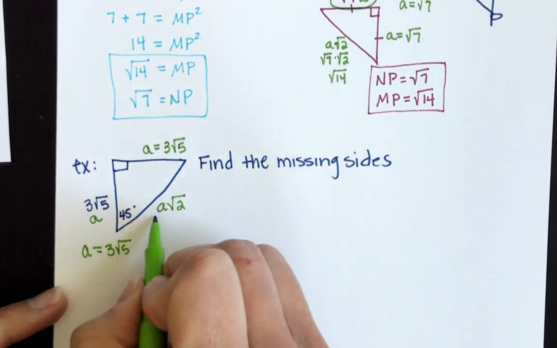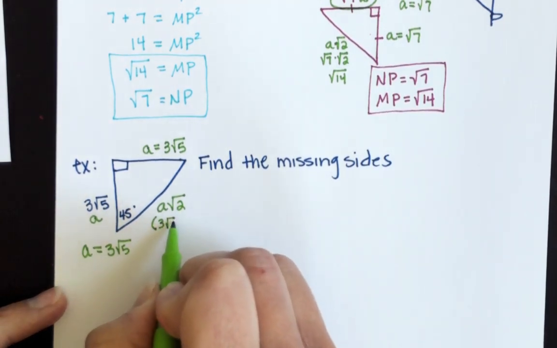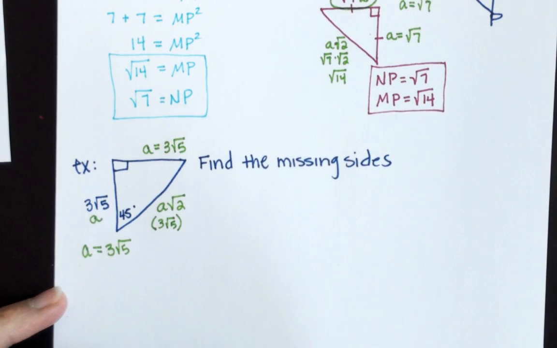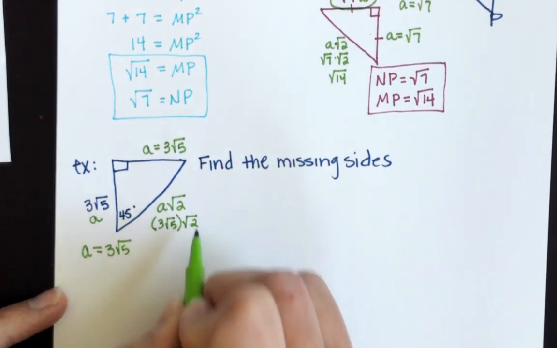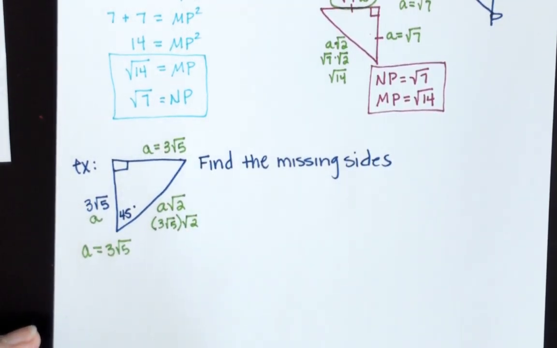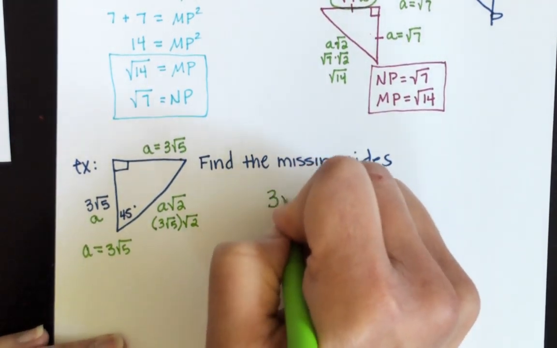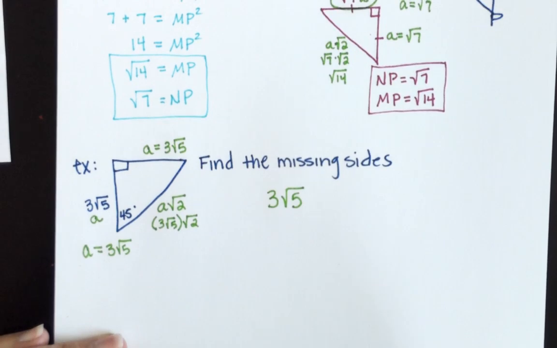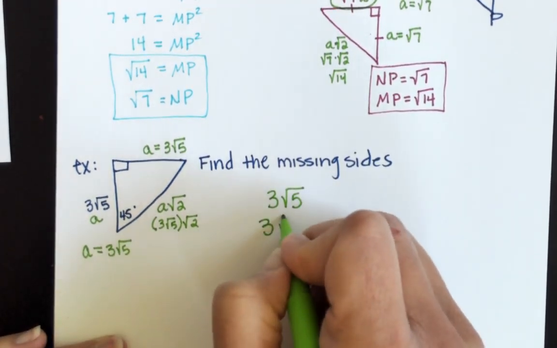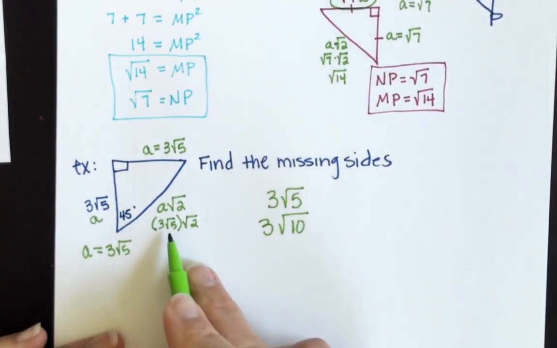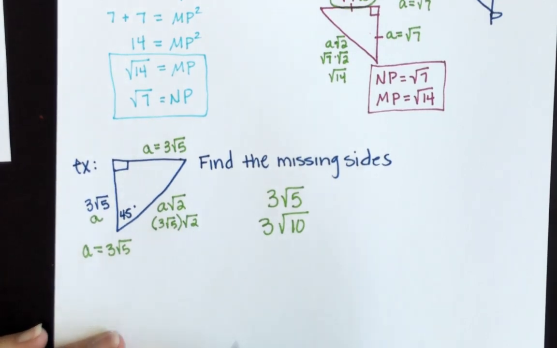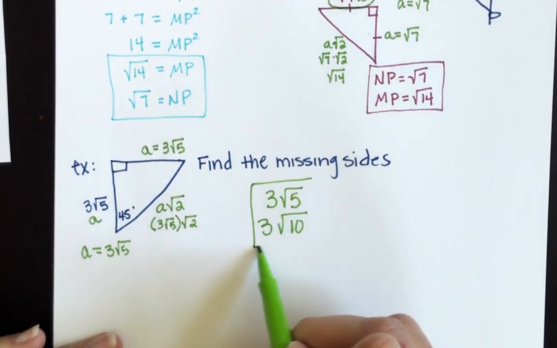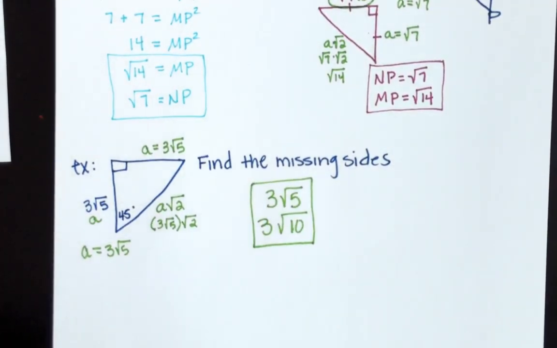And over here, I'm going to plug in 3 radical 5 for A, but I still have that radical 2. So I know that my missing sides are 3 radical 5 and 3 radical 10, because 5 times 2 is 10. And you're done.